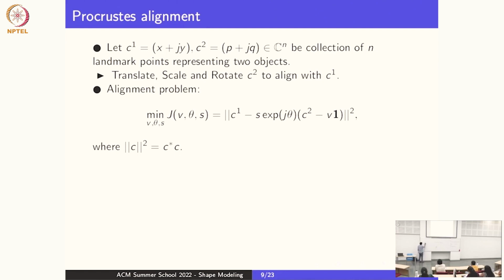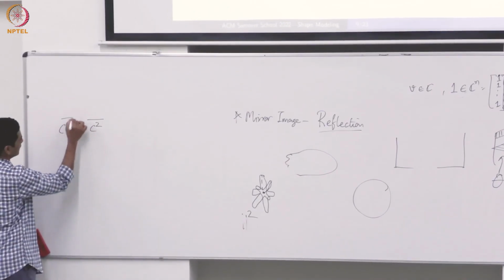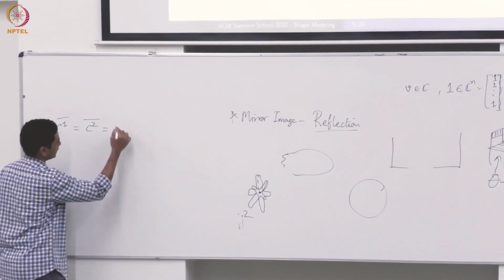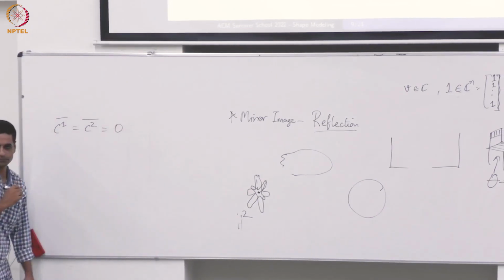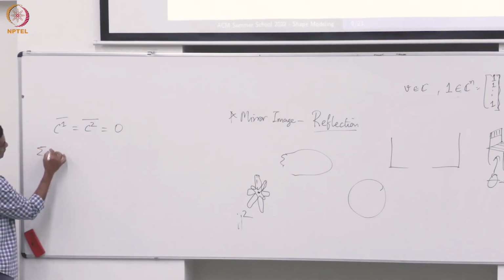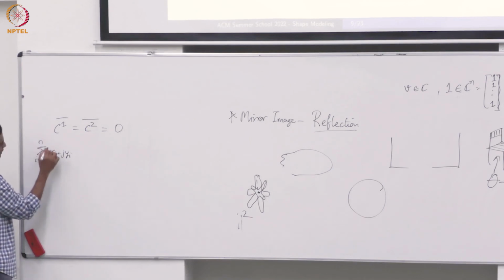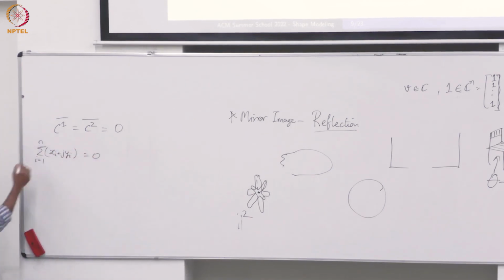So assume that, as he rightly pointed out, the mean point of both sets of landmarks is the origin. So what does this mean? It's just the summation of xi plus j yi, i going from 1 to n, equals 0.